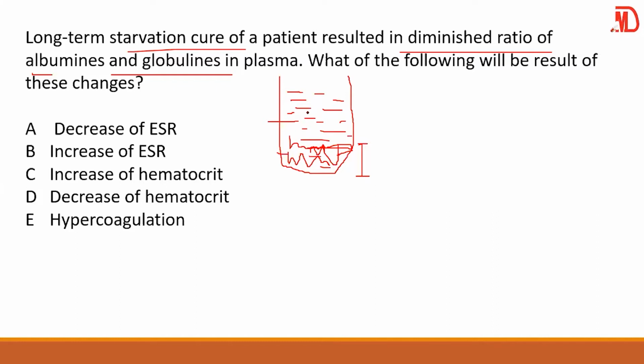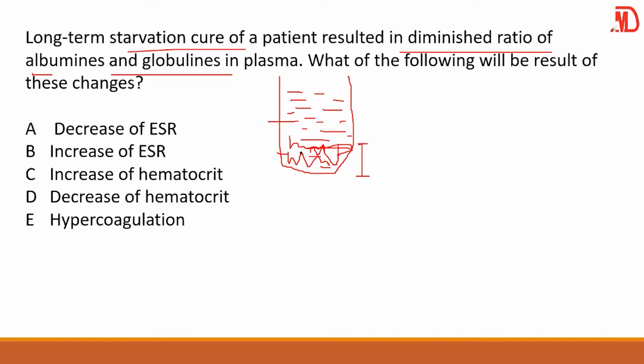So in this case, where we have diminished albumin and globulin, the thickness of the blood is reduced. And if the thickness of the blood is reduced, what happens? Like I said, it will take time for the sediment to be sedimented, for the RBCs to go under the tube.